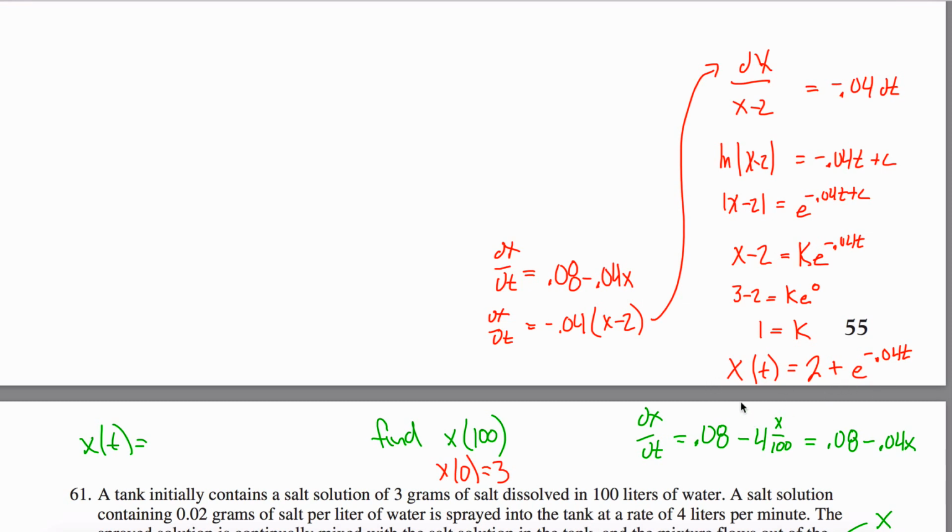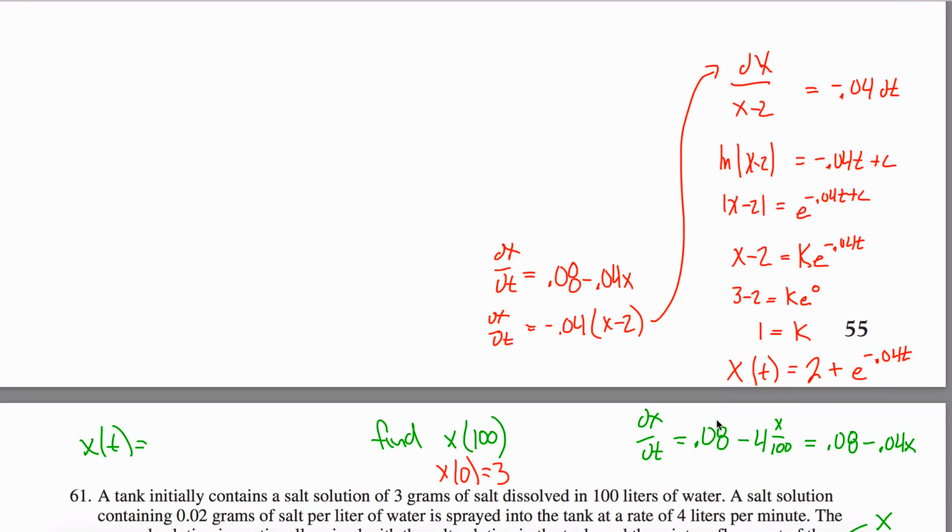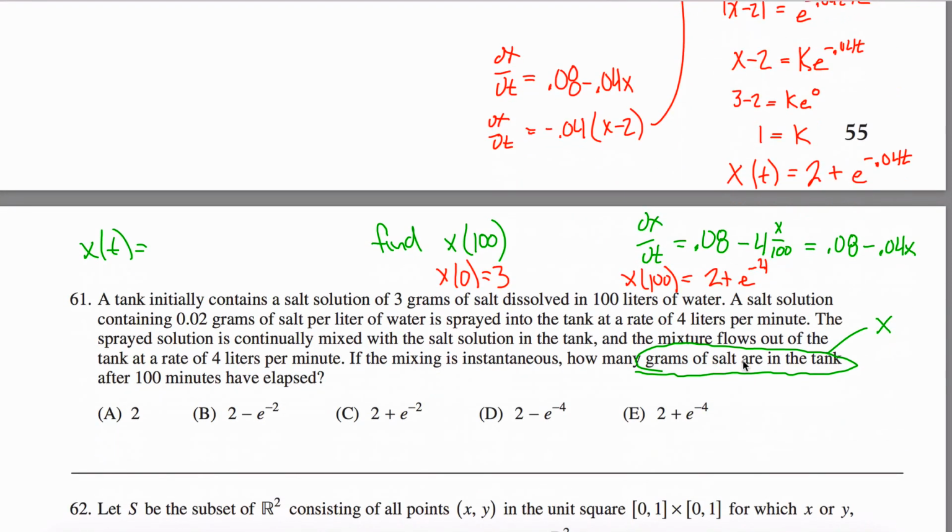So if x of t equals this, then x of 100 would be equal to 2 plus e to the negative 100 times 0.04, which is just 4, so I get e to the negative 4 power. 2 plus e to the negative 4 looks like option E right here. We get our right answer. We're done. We're moving on.